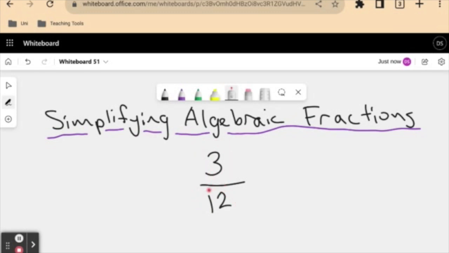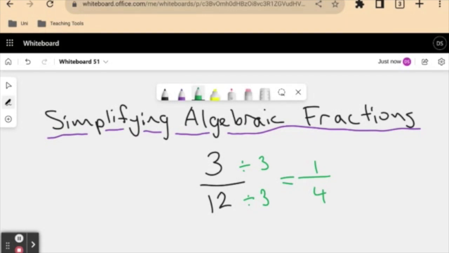So here we had 3 as a common factor. So we essentially divided top and bottom by 3, and we would wind up with 1/4.